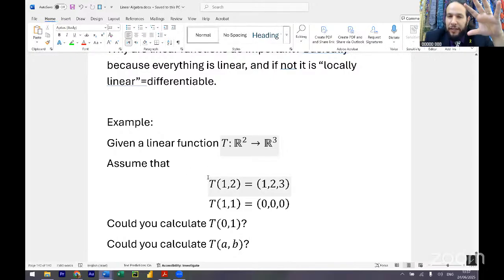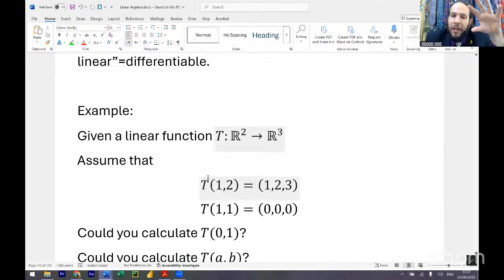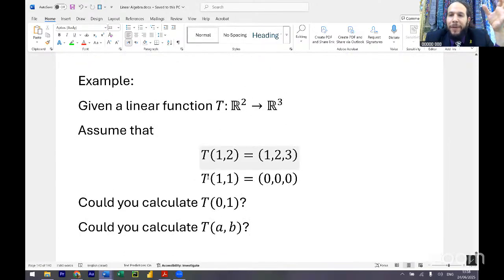Think of it before you answer, Thomas, just a second. From a discrete mathematics point of view, it's ridiculous because there are infinitely many vectors in R2. I only told you the image of 2 out of the infinity, and I'm asking you to calculate everyone else.